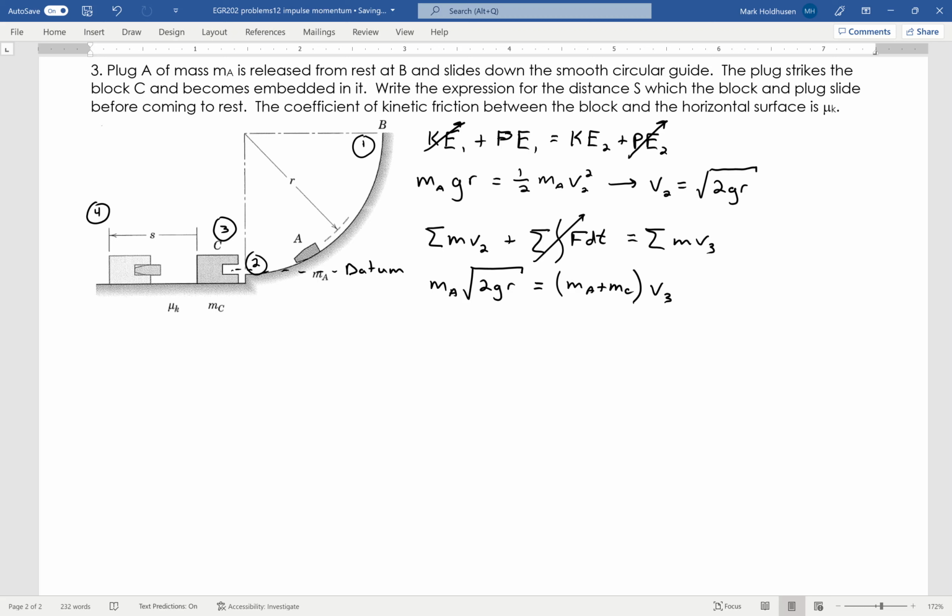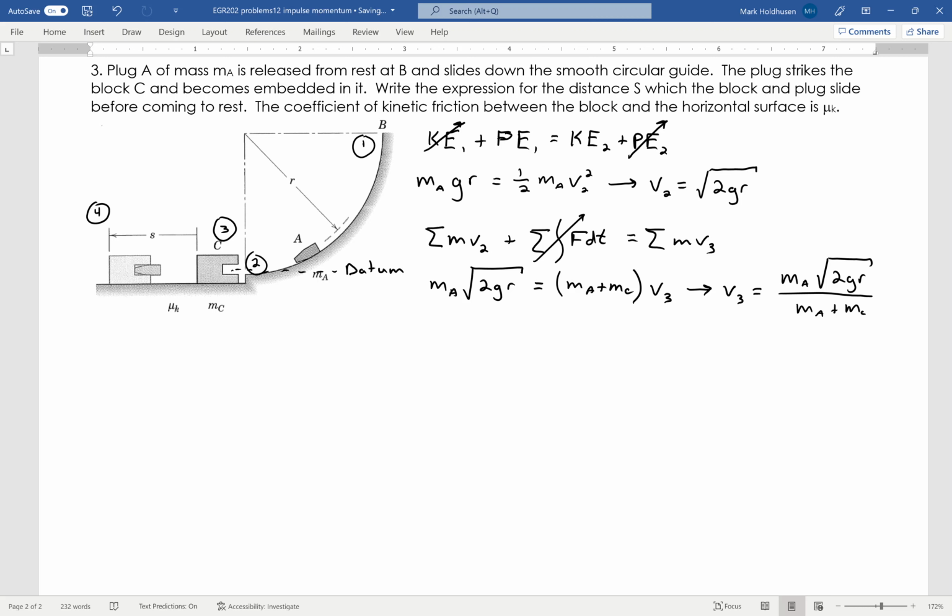From this I can find the velocity of those two after they've collided and stuck together, to be mA times the square root of 2gr divided by mA plus mC. Again, we use conservation of momentum for that collision because that impulsive collision is internal to the system, thus it is canceled. So for the entire system of the two combined, the momentum is conserved.